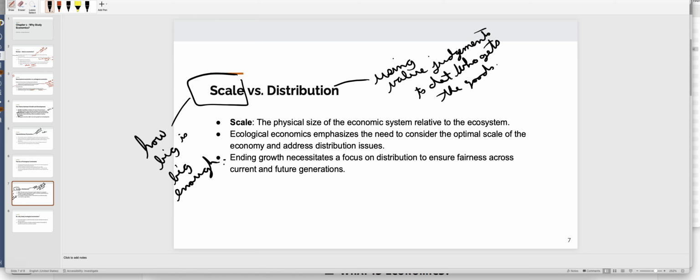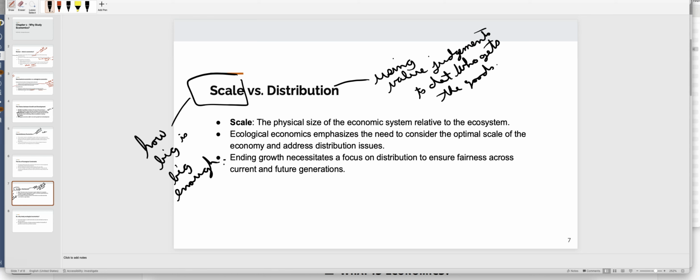I just loved the book, and it really shifted dramatically how I understood the way things are organized the way that they are. As a mainstream economist, we don't ask this question, how big is big enough?